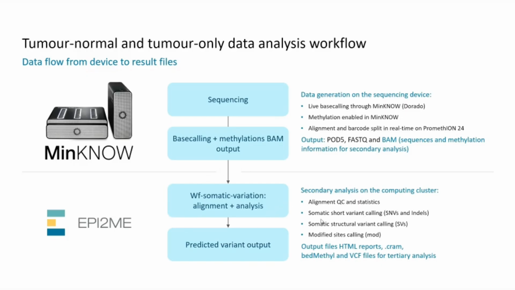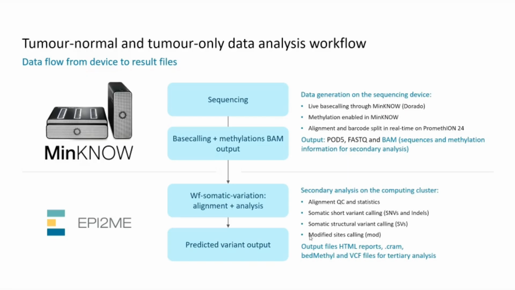The analysis, like I mentioned, aligns the data against a reference genome we set in the software, and then the pipeline moves forward to identify somatic short variants, including the SNPs and also the insertions and deletions. It will also help to identify any somatic structural variants, that is, structural variants that are only found in the tumor samples.